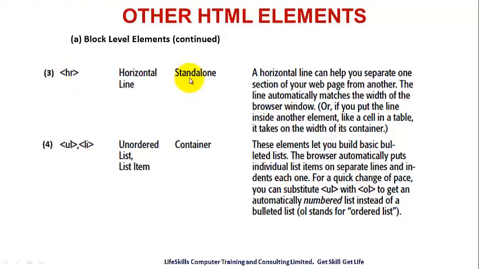It's a standalone tag. It will draw a horizontal line across your web page. And by the time we go to practical session, I'm going to show you how to make use of this tag. The line automatically matches the width of your browser window, unless you change the attribute of that horizontal line. So take note of this HR tag. We are going to make use of it.